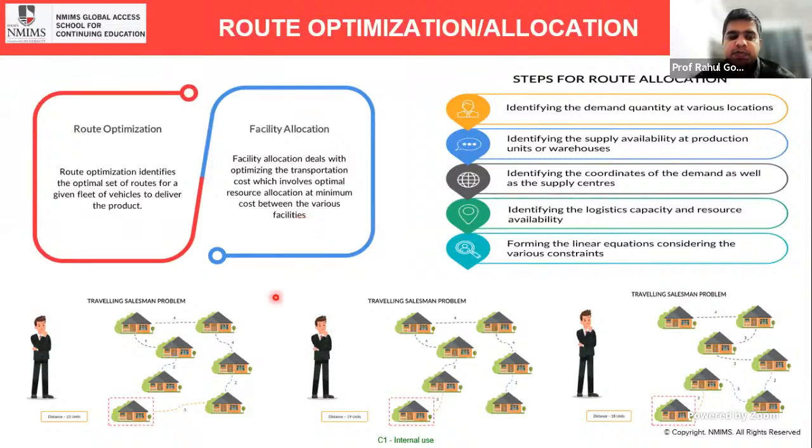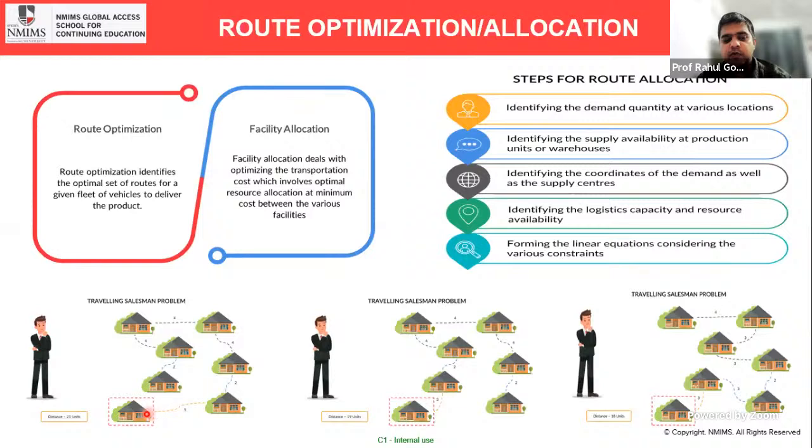And the problem statement is, let's say we are talking about 7 houses which are to be visited by this salesperson, and he's trying to figure out what route he should follow so that he has to travel the minimum distance. And the distance between two locations is also not the same. You can see that between these two houses, the distance is about 5 kilometers, 5 units. Then between these two, there are 2.